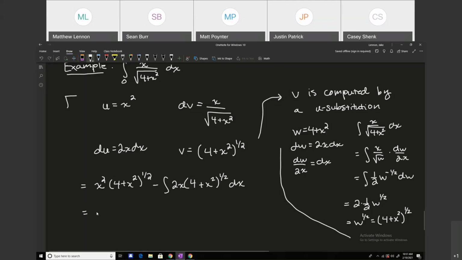So I'm going to leave this alone, x squared, 4 plus x squared to the 1/2. Now the second integral, the integral of 2x times 4 plus x squared to the 1/2, is also done via substitution. I'm just going to write it down. We're not going to go through that substitution, but we end up with 2/3 times 4 plus x squared to the 3/2.